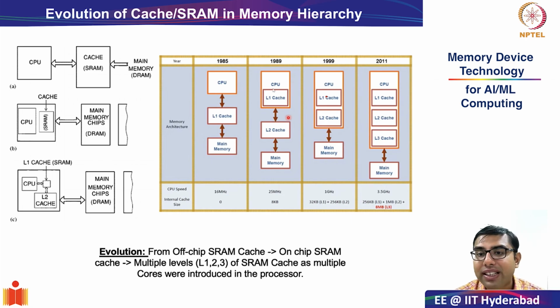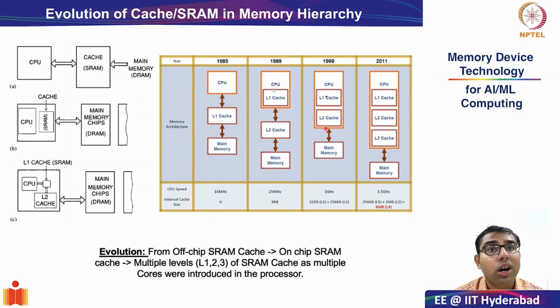Once this was facilitated, there was a requirement for L2 cache which was outside the CPU, but still there was a lot of latency between the L1 cache and L2 cache and L2 cache and main memory. So after a while, even the L2 cache was embedded within the CPU.